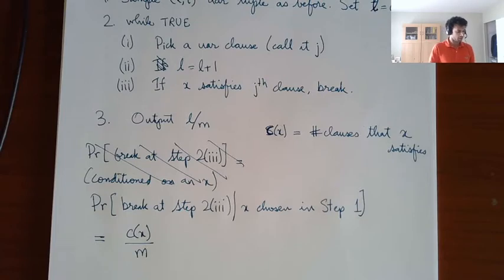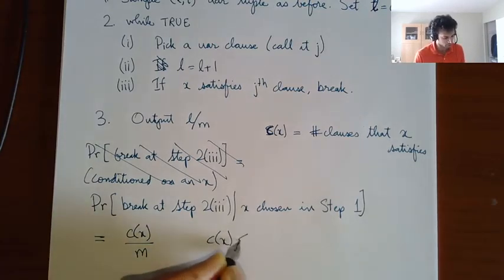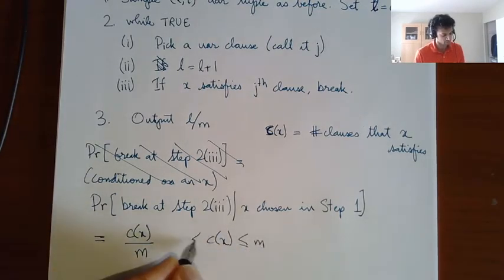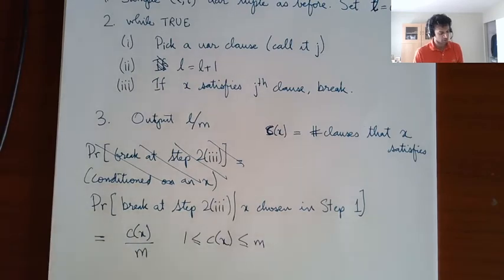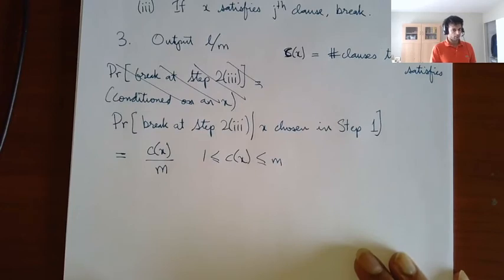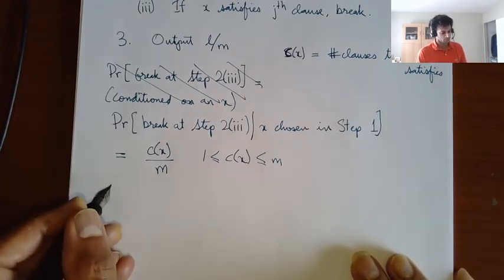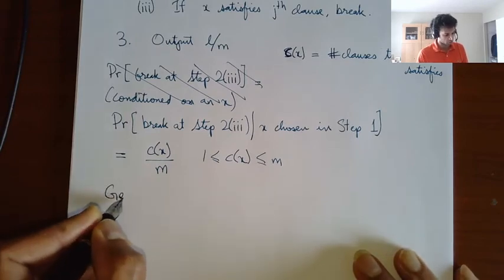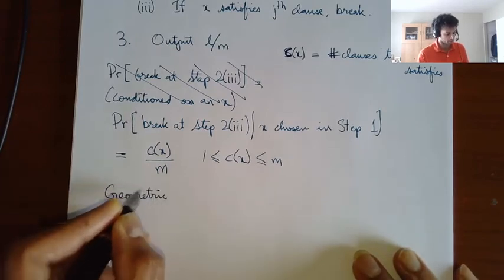Does this make sense? That is the probability of a break. Right? C of x is less than m, and in this case is actually at least 1. That's the probability of a break. This has a name. This is called a geometric random variable.